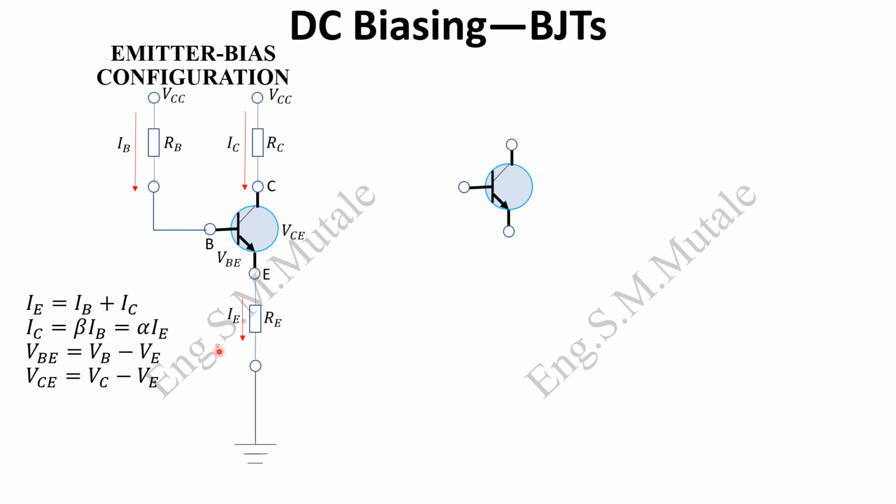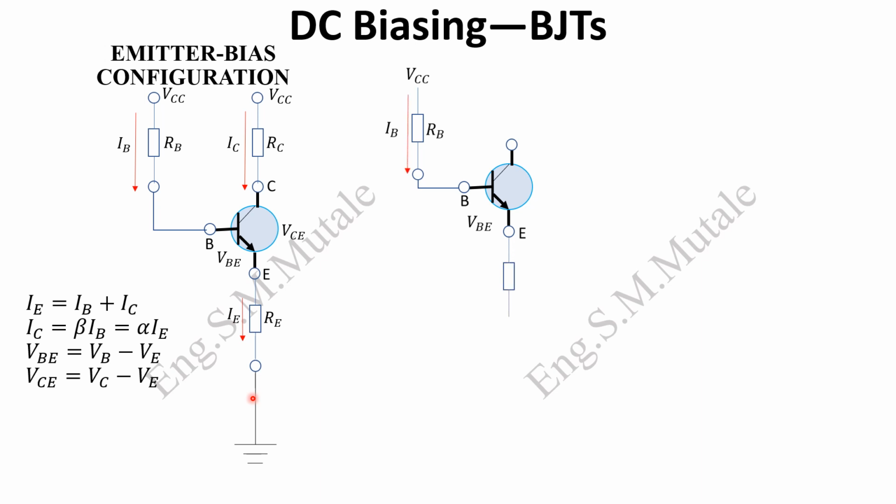So we'll start analyzing this configuration by taking this path. With that path, of course, you're going to have those three terminals of a transistor. You've got VBE there, the voltage between base and emitter, and then you have VCC. From VCC, there will be a voltage drop on the base resistor, which we are calling RB.